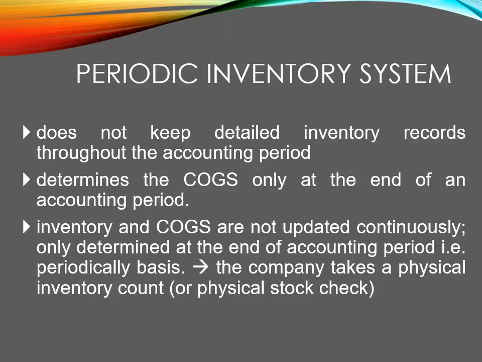In the perpetual inventory system, inventory value and cost of goods sold are updated continuously whenever the purchase and sales transactions occur.